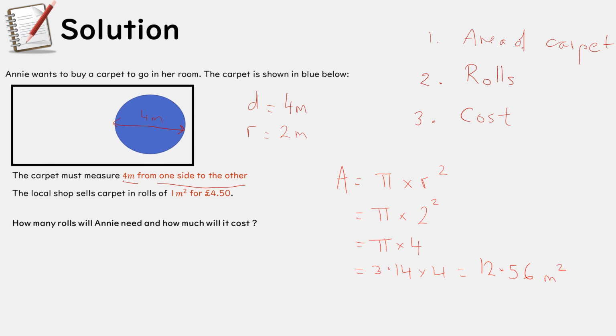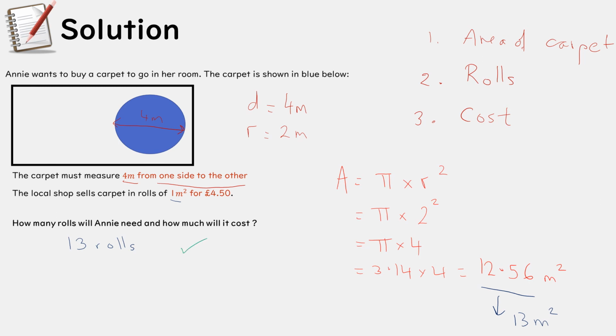Let's have a think how many rolls we need. Well, if I need 12.56 meters squared of carpet, I can't get 0.56 of a meter because they sell them in rolls of 1 meter. So I'm actually going to have to round it up. I need 13 meters squared, so I need 13 rolls.